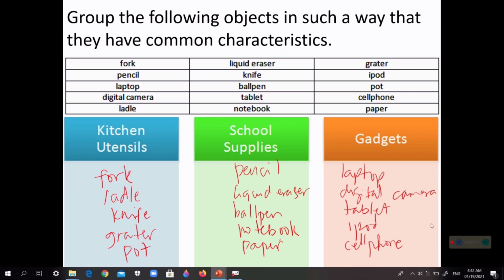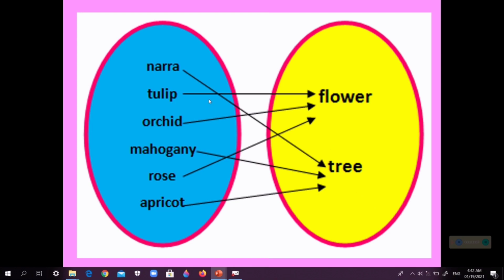Next, I also have another example. On the first oval we have Narra, tulip, orchid, mahogany, rose, and apricot. And on the second oval, we have flower and tree. As you have noticed, we have the arrows. Narra, mahogany, and apricot are arrowed to tree.